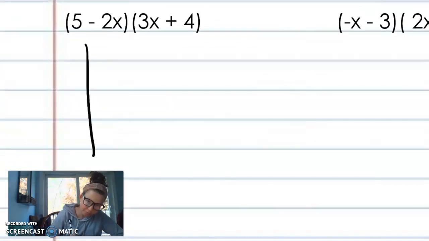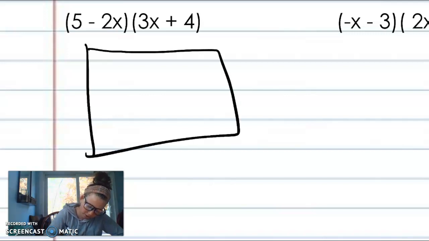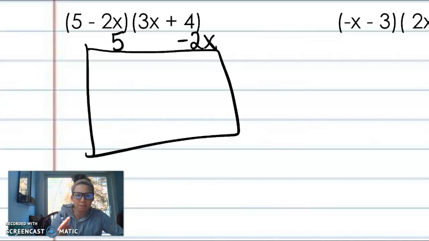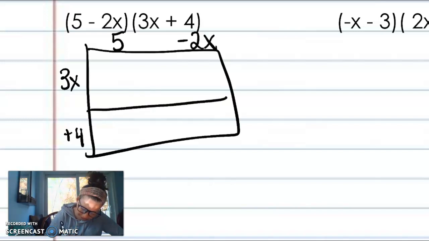So for this, it's going to be 5 minus 2x. So it's going to look a little bit out of order, but in the end, we'll just rewrite it in standard form. And then 3x plus 4. You're going to multiply it the exact same way.